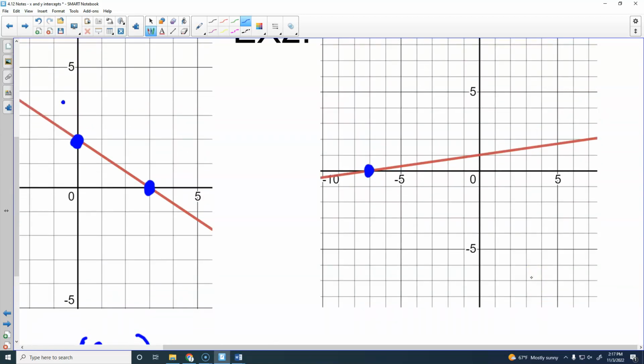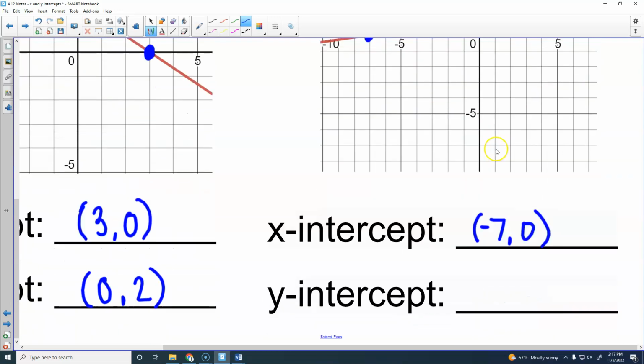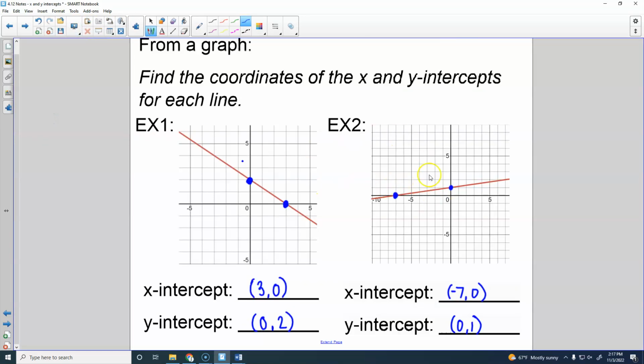And Anna Grace, what are the coordinates of the y? 0, 1. Good. Perfect. So we're just pulling those from our graph for those problems. Everybody okay with that part? All right.